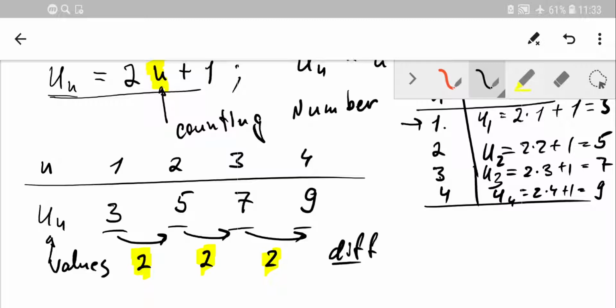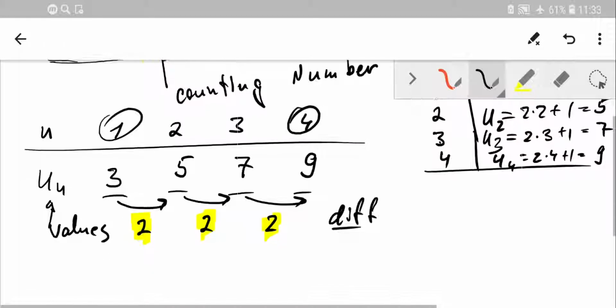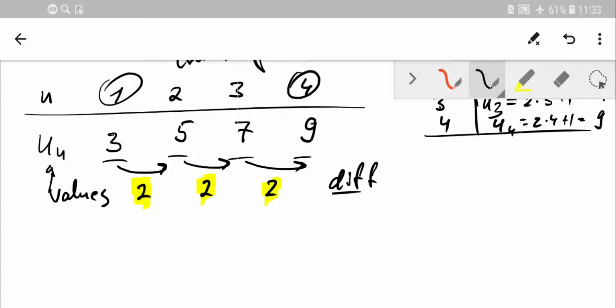What does it mean? It means that in order to get, let's say, to the fourth element, starting from the very first one, we can do it in the simplest way. Let's put the values as stones here. Value 3 is the first stone, value 5 the second, and in the same manner.